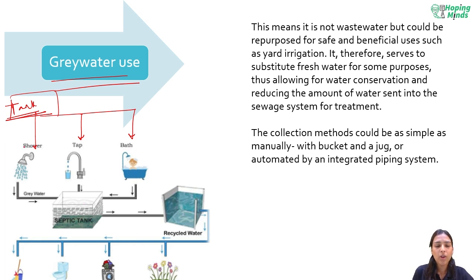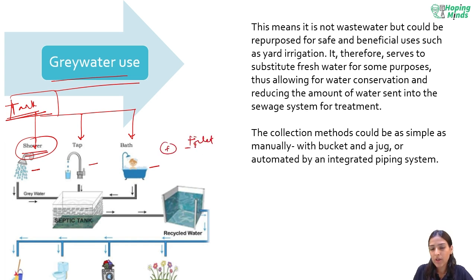Now, once we shower, where does that water go? Ideally, technically, without using grey water use technology already, the shower water goes into the drain. The tap water also goes into the drain. The bathing water also goes into the drain. Plus the toilet.